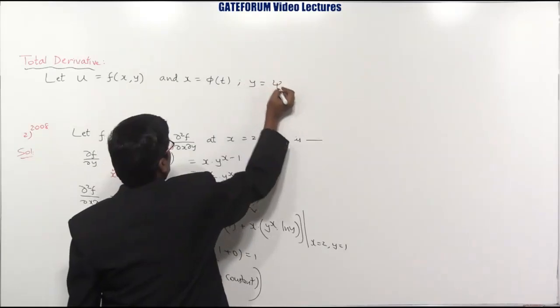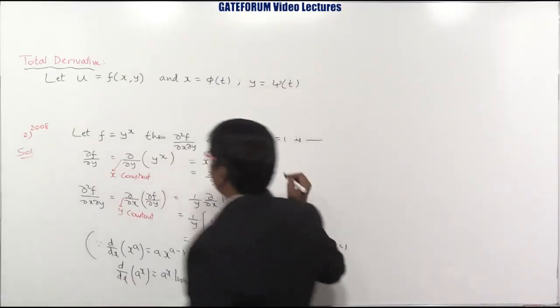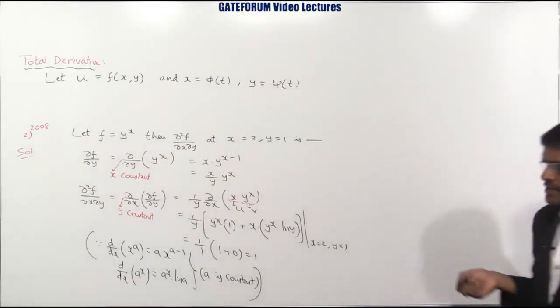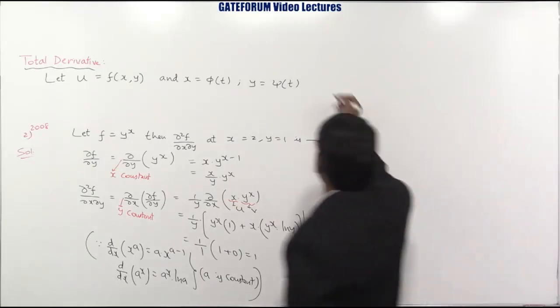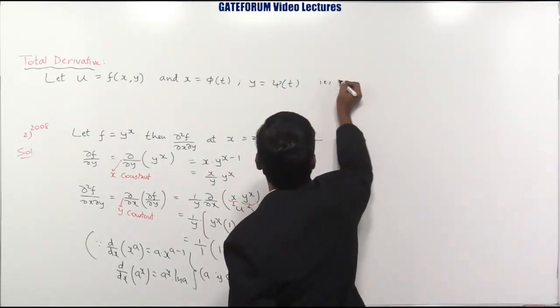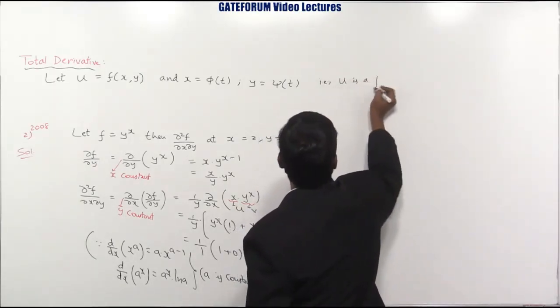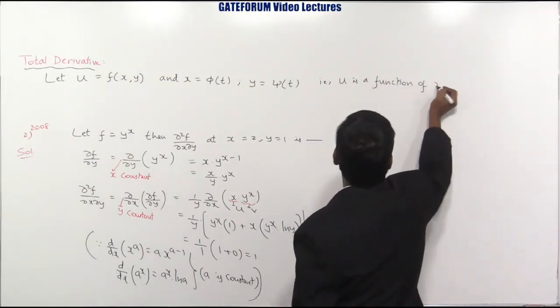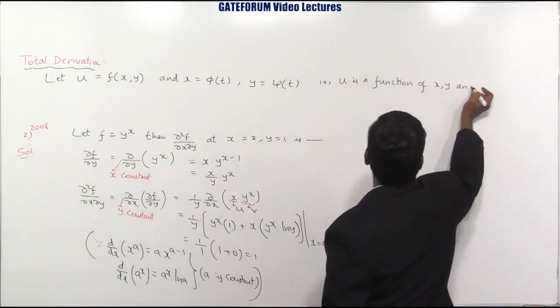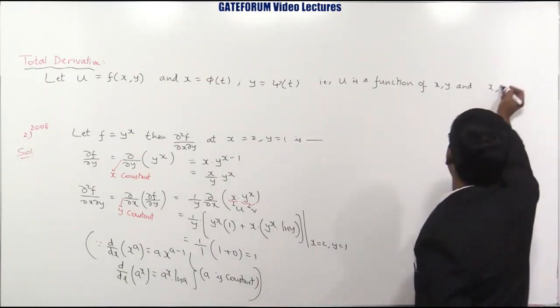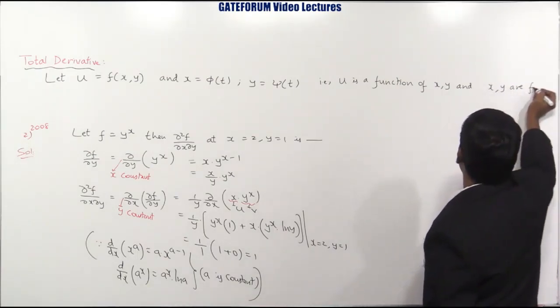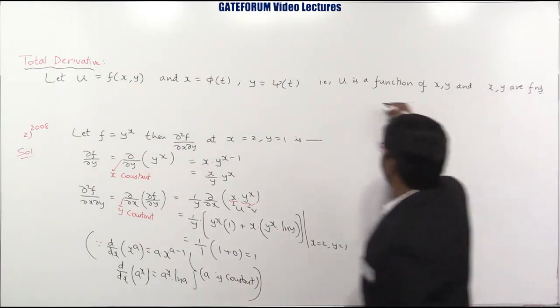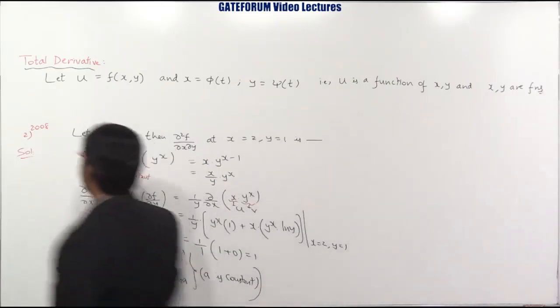Similarly, y is another function of the t variable alone, where t is a parameter. That is, u is a function of x comma y, and x comma y are functions of t.